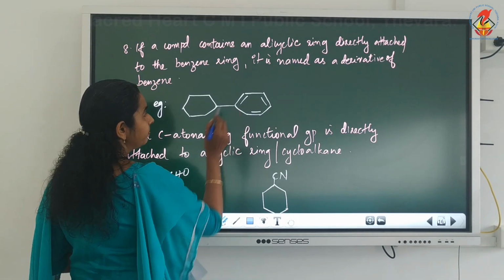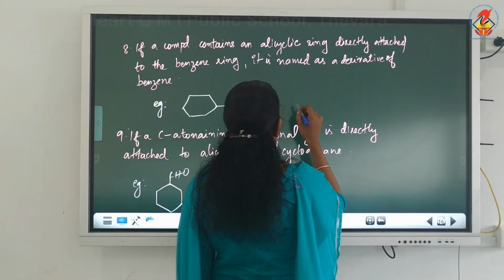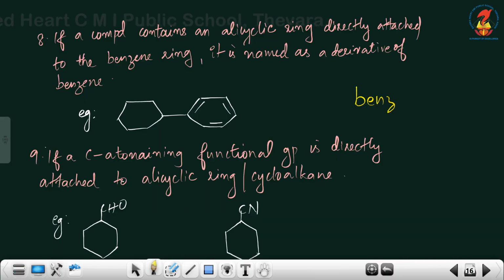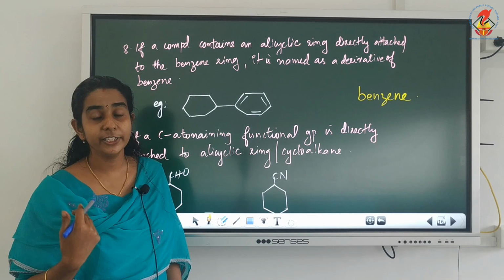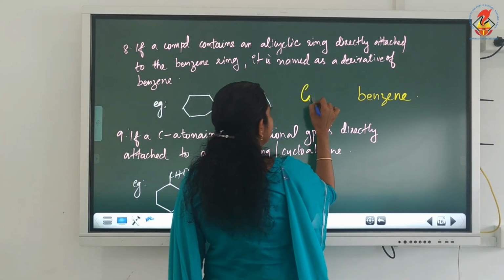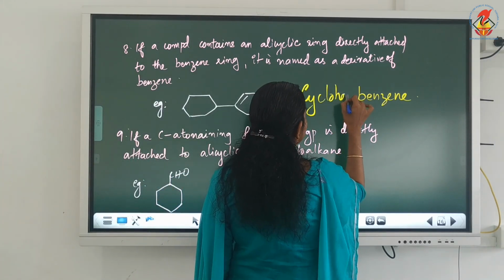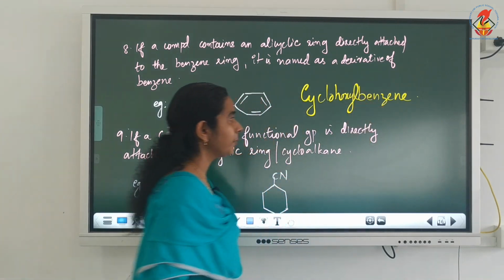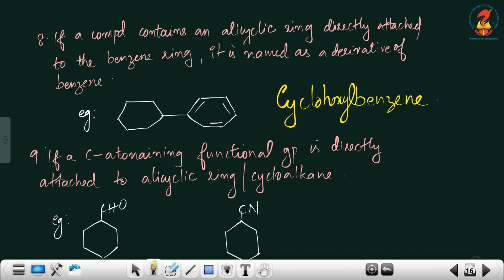So benzene is the parent, so we have to write it at the last, isn't it? Which ring is present here? Cyclohexane. When cyclohexane goes as a branch or substituent, it is cyclohexyl. So what is the name of the compound? Cyclohexyl benzene.